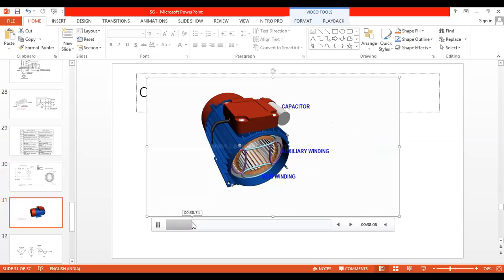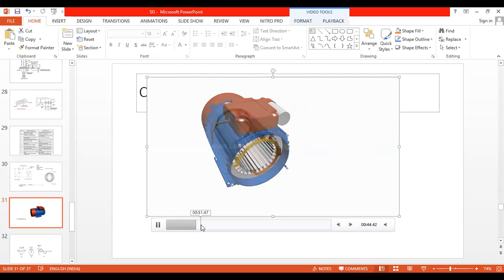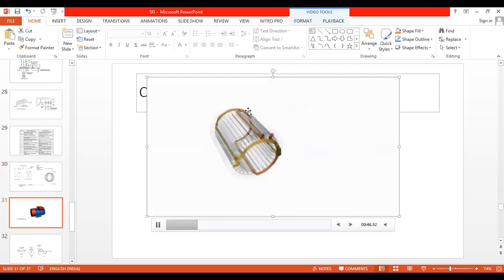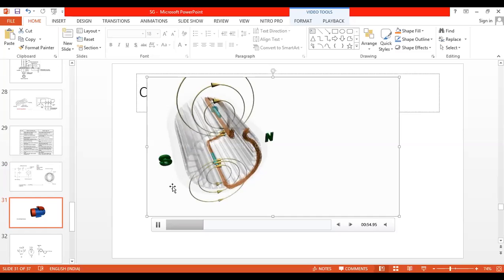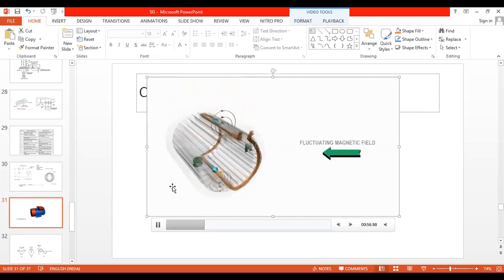When input supply is given to the single phase induction motor, current flows through the stator winding, which is divided into main winding and auxiliary winding. So two currents will be flowing, and those two currents create two magnetic fields. You can see the interaction of these two magnetic fields creates the rotating magnetic field.